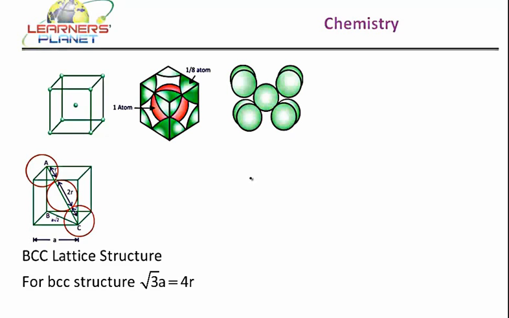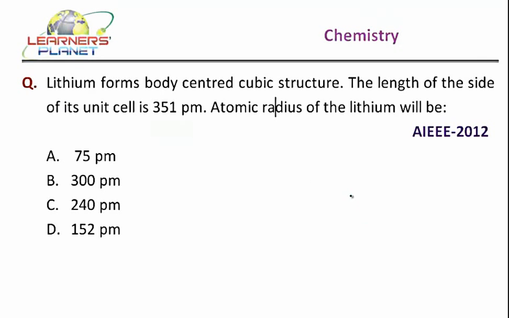See, your radius of lithium will be equal to square root of 3 by 4 into the edge length. Edge length is 351 picometer. Now you can easily do the calculations and you will be getting 152 picometer. Right? So what will be the answer of this question? 152 picometer.